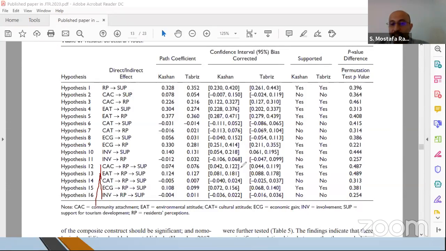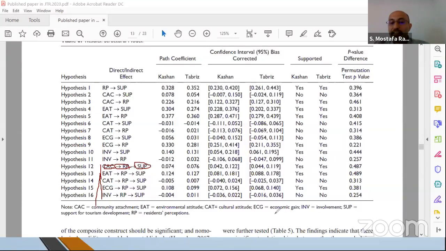So it's significant. And also for the other case, 0.044 and 0.119. So you can see for the first indirect effect, for both case studies, we can support the mediation role of perception between community attachment and support for tourism.